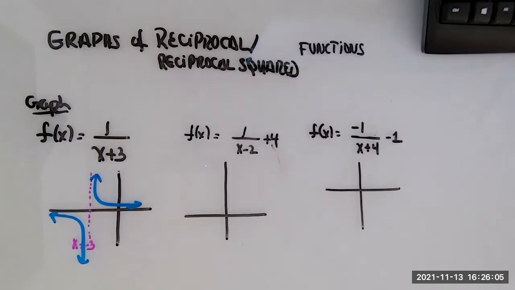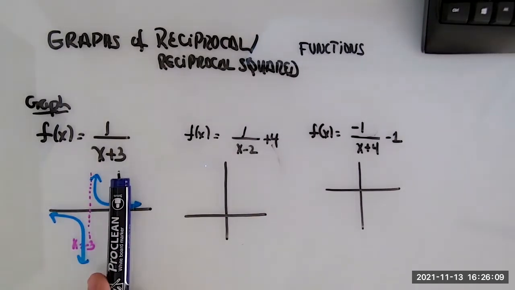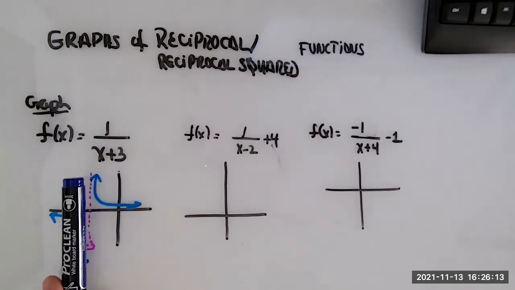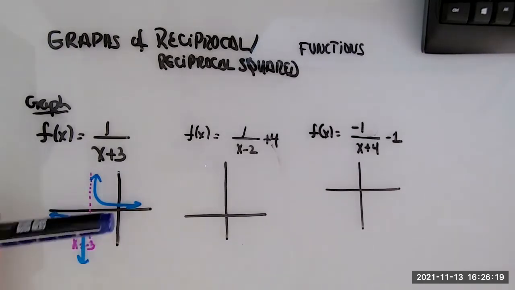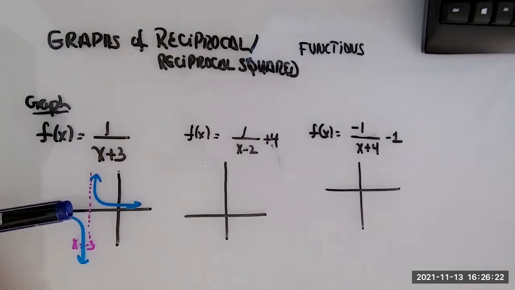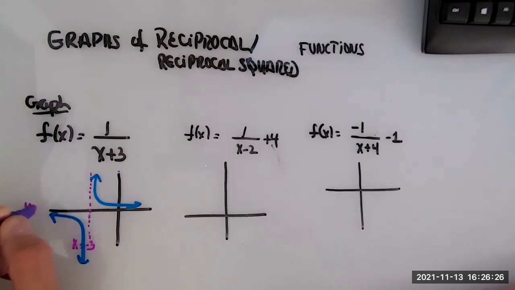Notice that the domain is not the same, because the original domain was all real numbers except 0. Since now I push it 3 units to the left, the new domain will be all real numbers except negative 3. Still the range, all real numbers except 0. And once again, of course, y equals 0 remains my horizontal asymptote, x equals negative 3 my new vertical asymptote.